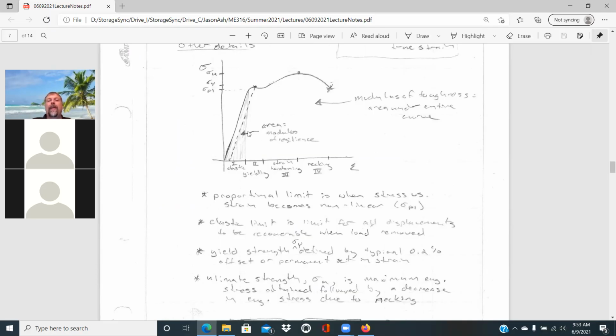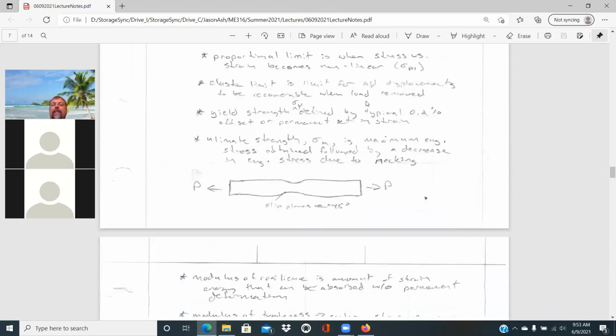For stress versus strain, the area under the elastic region is known as the modulus of resilience. And then the area under the entire curve is known as the modulus of toughness. And it really just relates then to how much the material can stretch and how much strain energy can be absorbed in that process.